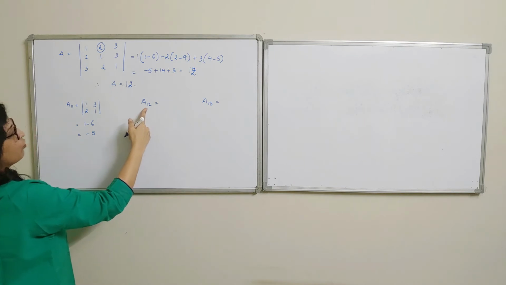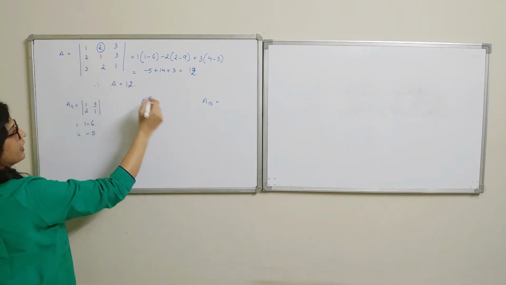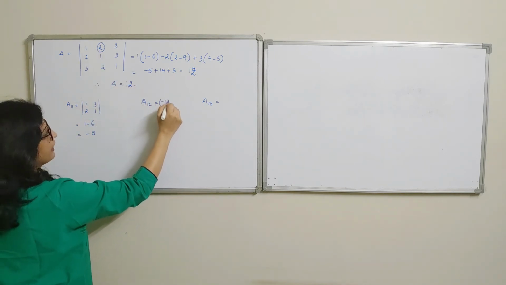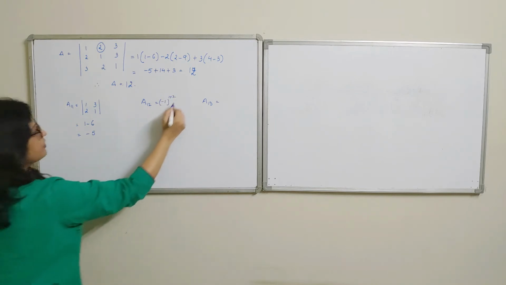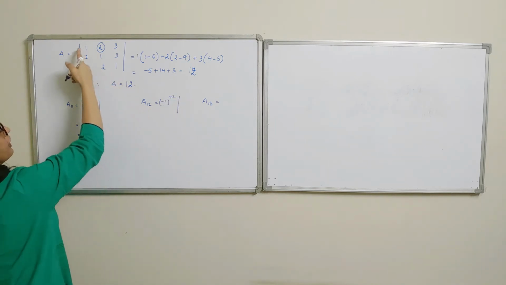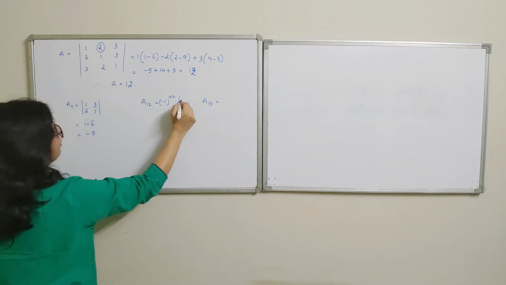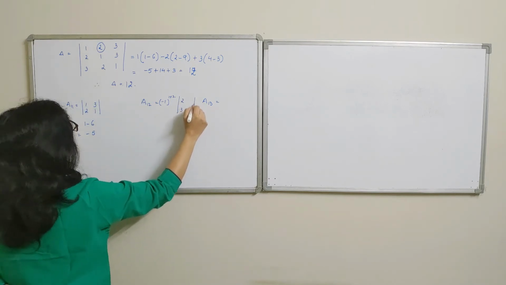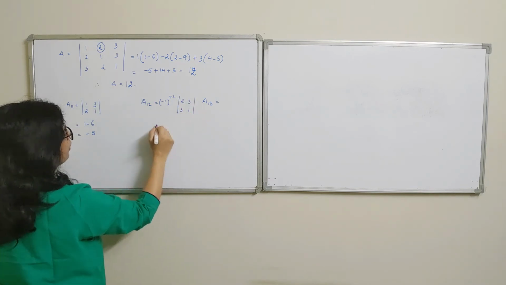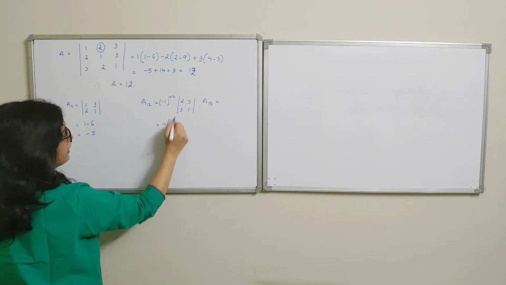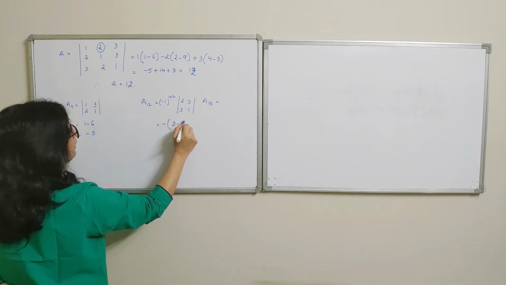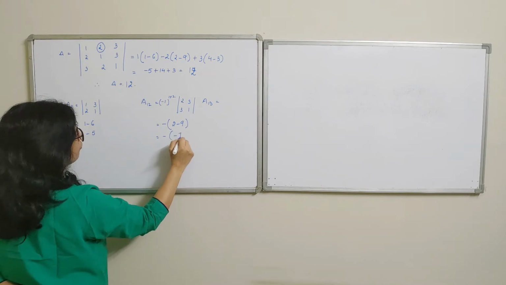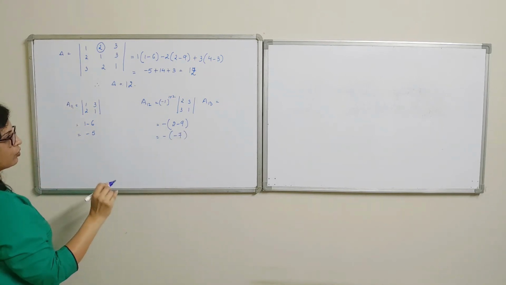When you find out the cofactor of this, you know it will change its sign, because we have a factor like this, right? This into the determinant of, deleting the first row and second column, we get determinant of 2, 3, 3, 1. So here you get a minus sign, and here 2 minus 9, so it is minus of -7. Alright.